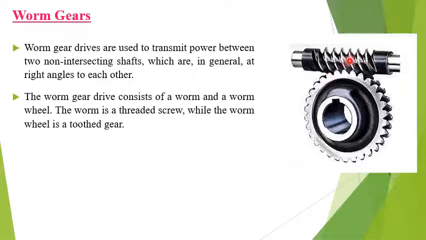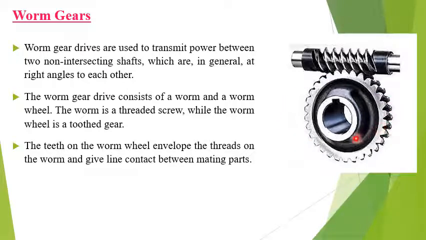The worm has threads which mesh with the worm gear, which is similar to a helical gear having teeth. The teeth on the worm wheel envelop the threads on the worm, and they give line contact between the mating parts. So there is a line contact.